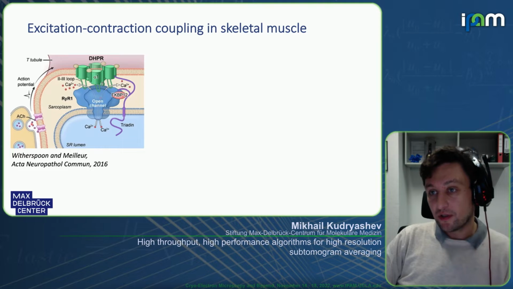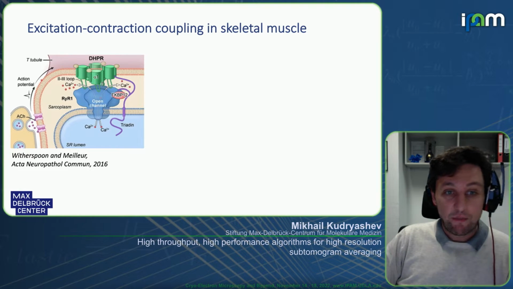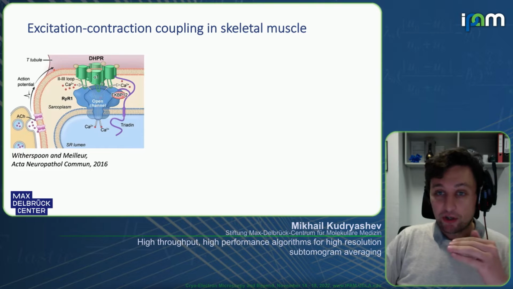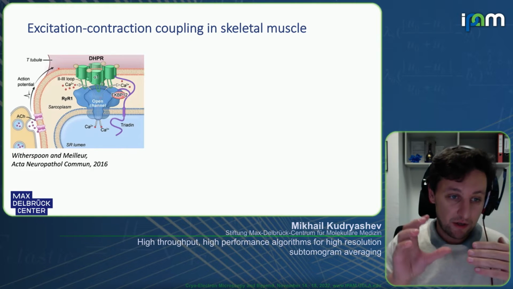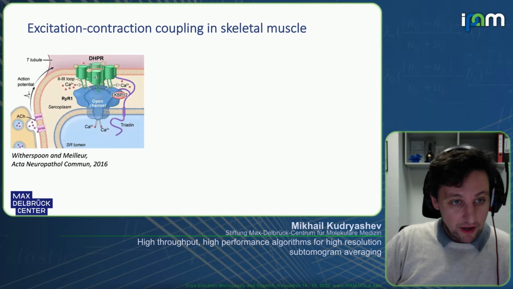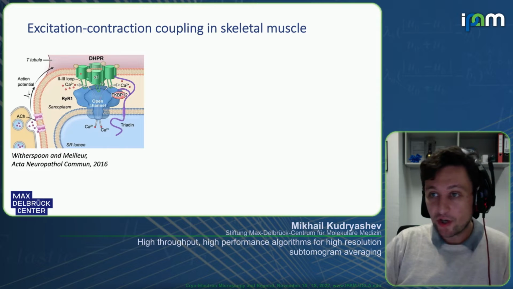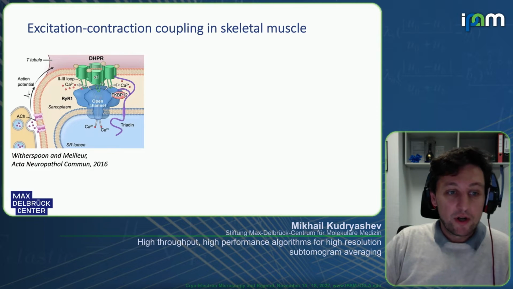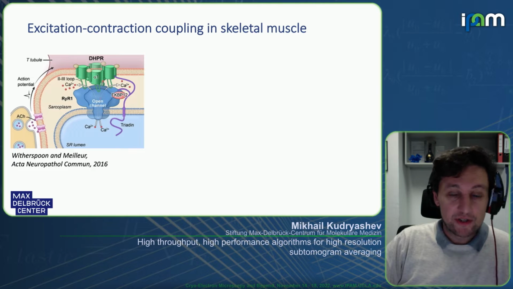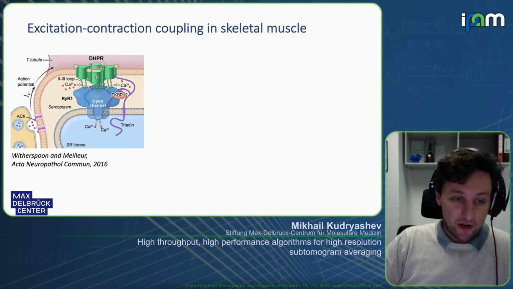It's an electrical excitation that goes on the surface of a cell, and then at some point it gets into an invagination in the skeletal cell that's called T-tubule. So the electrical signal activates voltage-gated calcium channels, activated by voltage, and calcium can penetrate through. And there are usually 4 voltage-gated calcium channels, and 4 of them are attached to one even larger calcium channel that's called the ryanodine receptor.